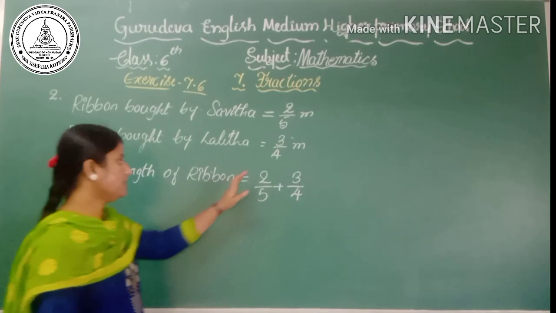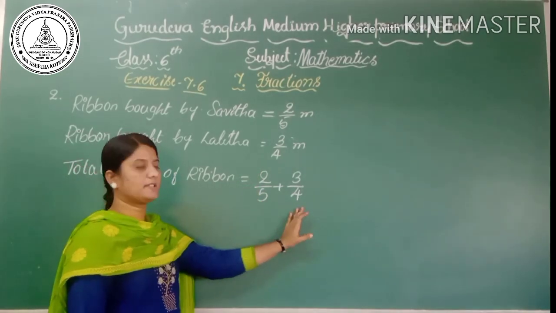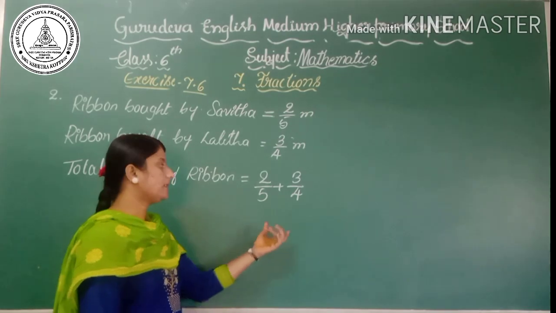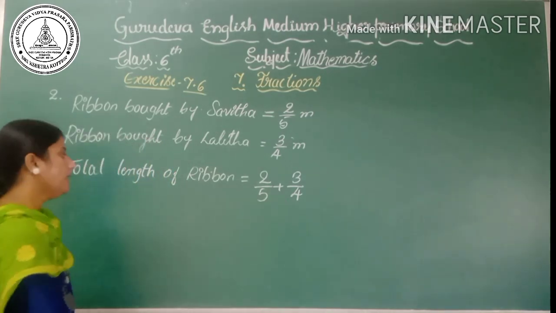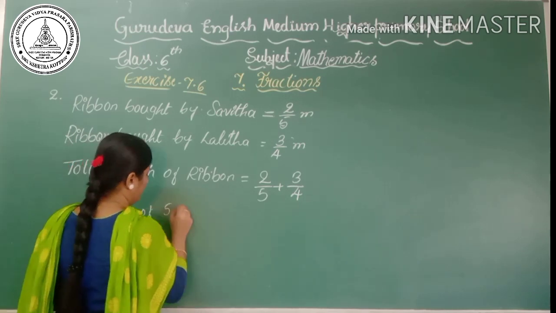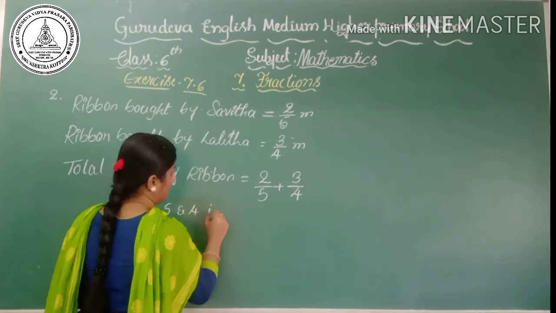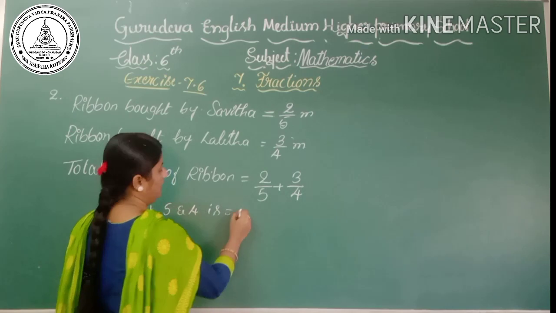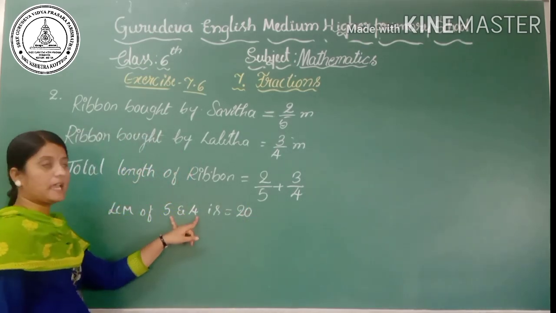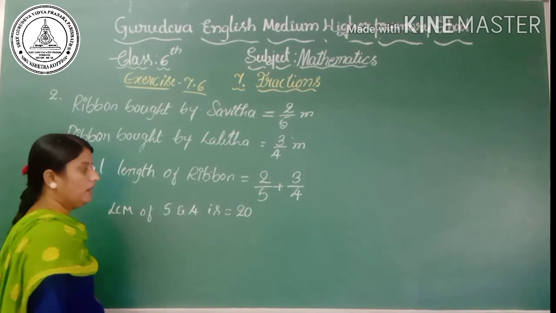See here, these two fractions are unlike fractions. Make them into like fractions by taking the LCM of the denominators. The LCM of 5 and 4 is 5 fours are 20. Why? Because 5 and 4 are co-prime numbers having only 1 as a common factor.